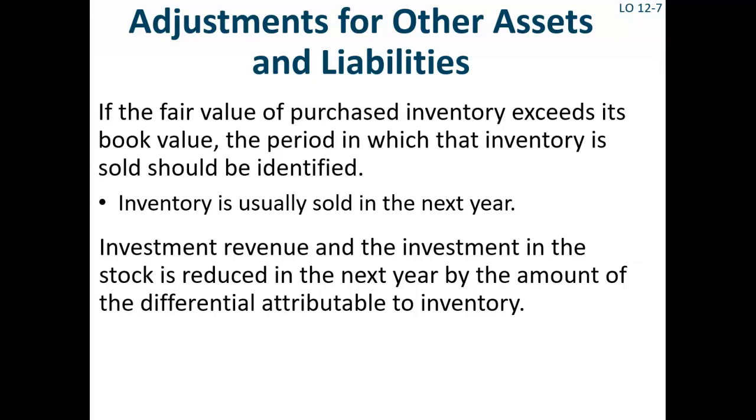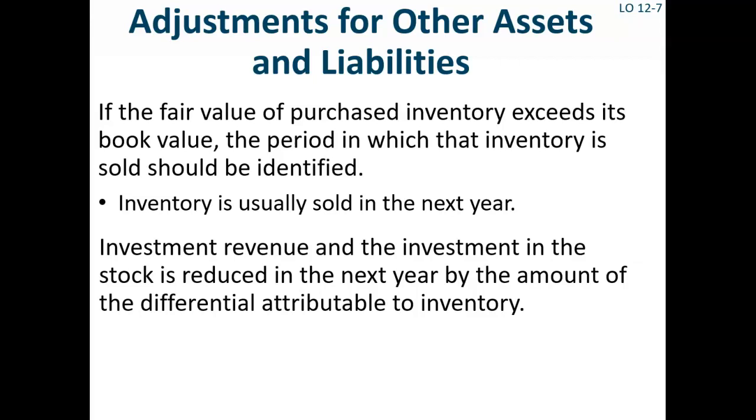To recognize expense associated with that higher fair value, United would need to identify the period in which the inventory is sold, usually in the next year, and in that period reduce its investment revenue and its investment in Argent stock by its 30% share of the difference between the fair value and the book value of the inventory.